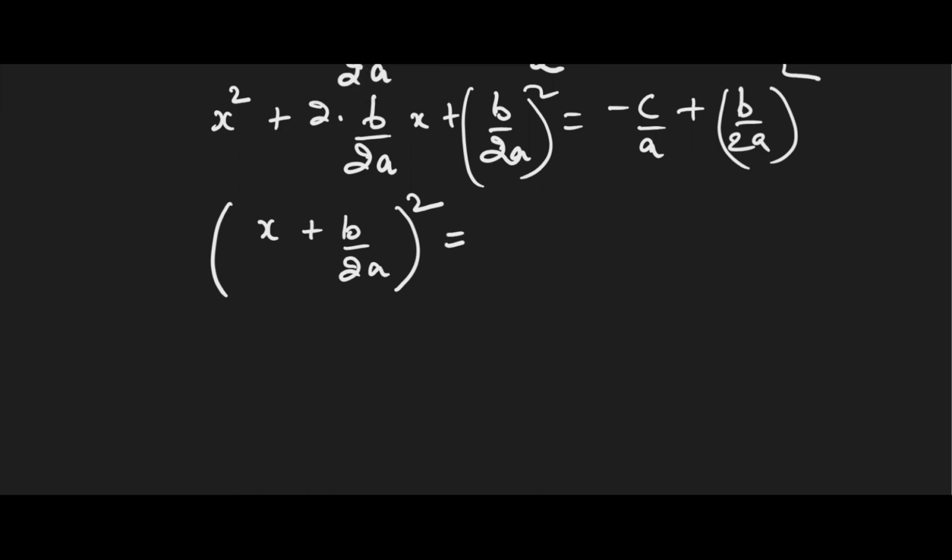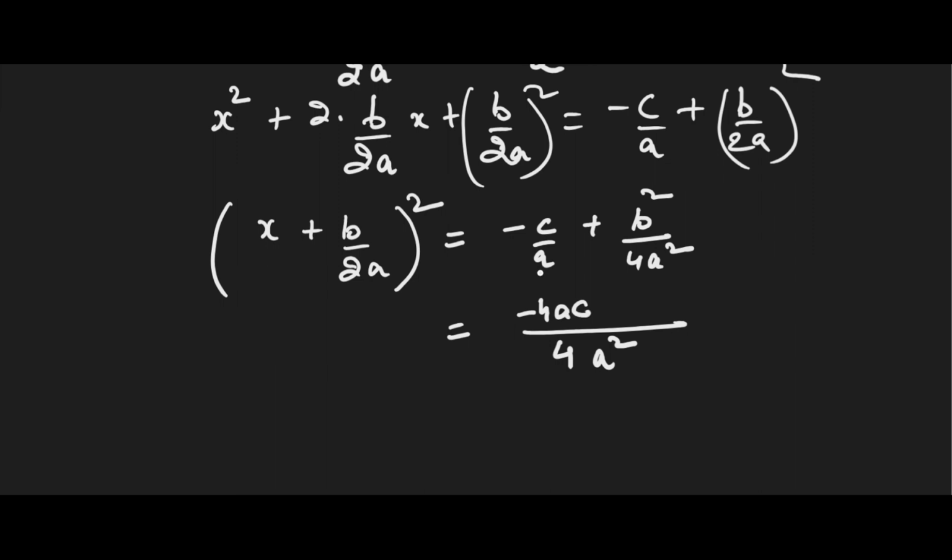And now let's simplify the right hand side, which is b square by 4a whole square. Okay, so this is equal to, let's take the LCM, 4a square. So what will be here? 4a. Let's multiply minus c by 4a, because we have a already here. What is left? 4a. Plus b square.